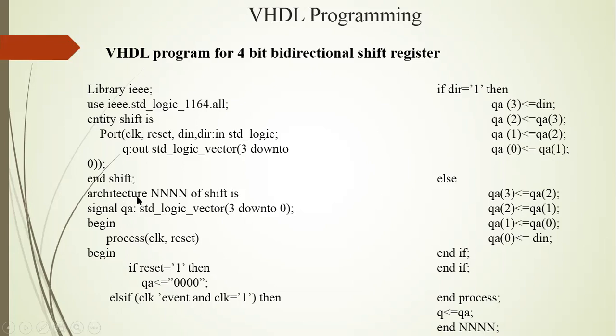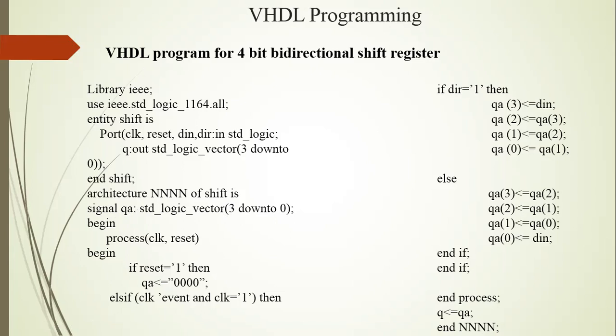The next line, architecture, name of architecture of shift is. Here signal QA is an internal signal, an additional signal, standard logic vector 3 down to 0. Why is the additional signal required? Because in this shift register, data QA3 is assigned to QA2, then QA2 is assigned to QA1. That means QA3 is output mode, then QA2 is input mode, and after that QA2 is output mode.